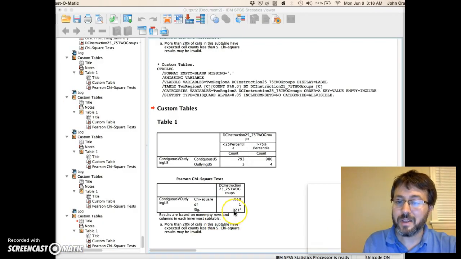So the null hypothesis is there's no relationship, but this p-value of 0.921 is much, much, much higher than the standard threshold of 0.05. So with that in mind, take a second to look at the null hypothesis and this p-value and decide if you are going to reject the null hypothesis or fail to reject it.